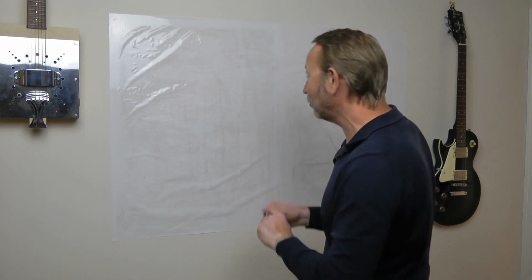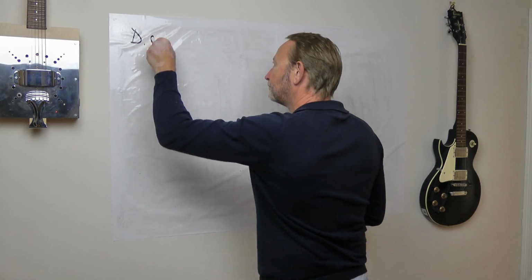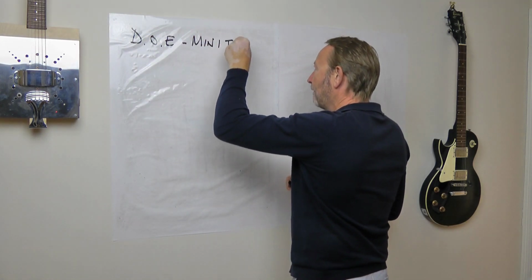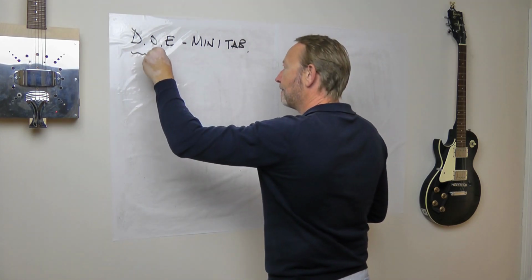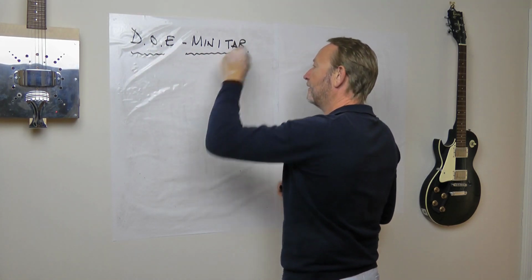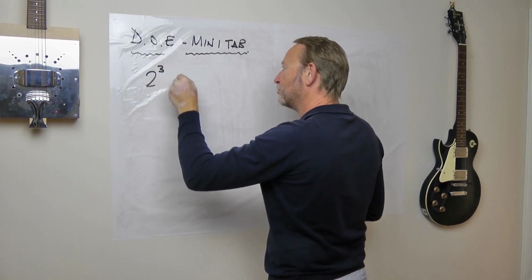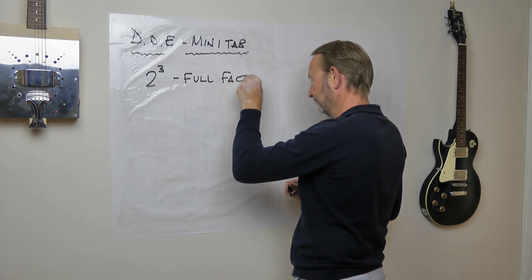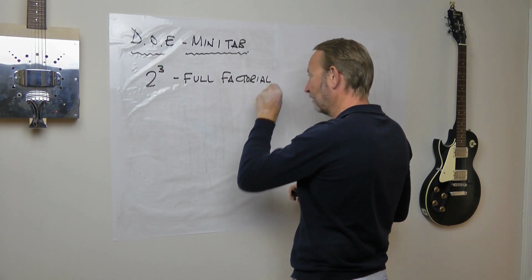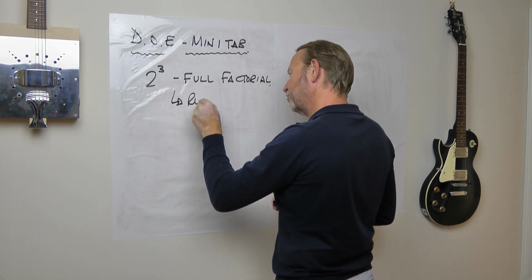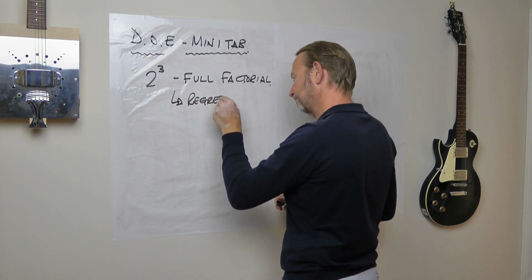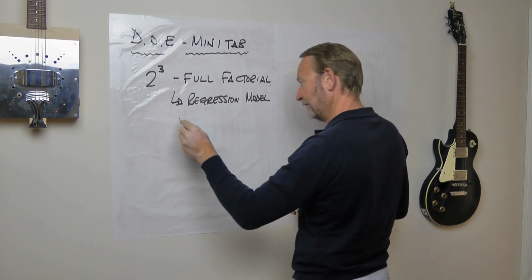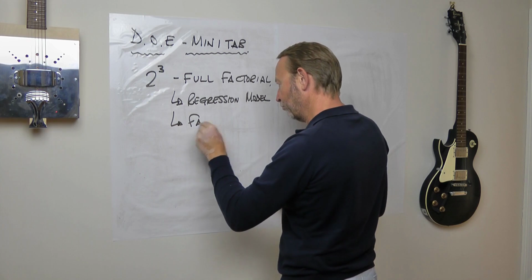So let's have a look. We're going to do DOE. We're going to use Minitab. Let's be clear. It's a 2 to the 3, full factorial. I'm going to create a regression model. I'm going to create a factorial plot.